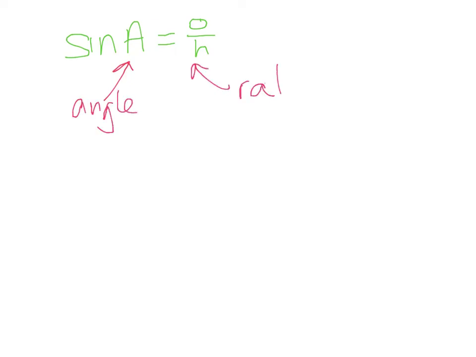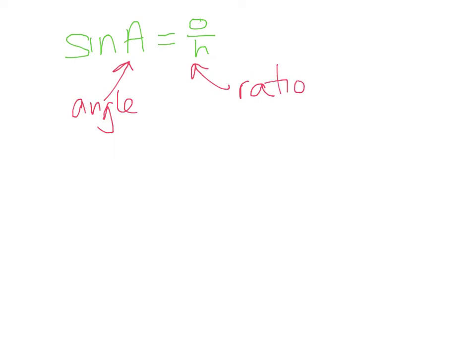A couple notes about trig functions. If you have something like this, and this is equal to any ratio we want, opposite over hypotenuse, remember, this is always an angle, and this is always a ratio.